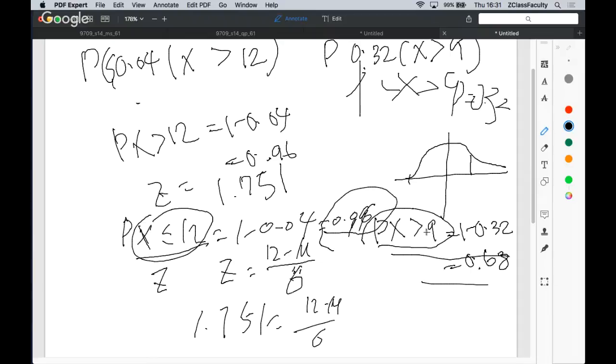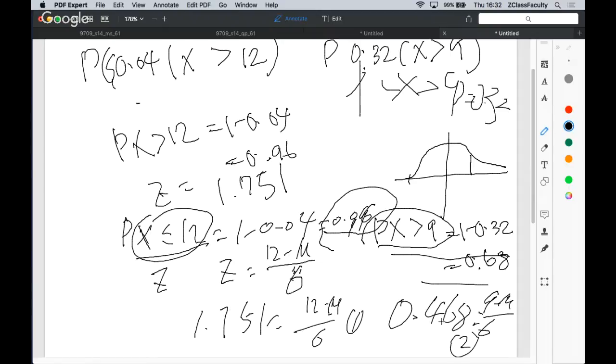Which value gives you 0.68, which is 0.468. So what you have here is two equations.